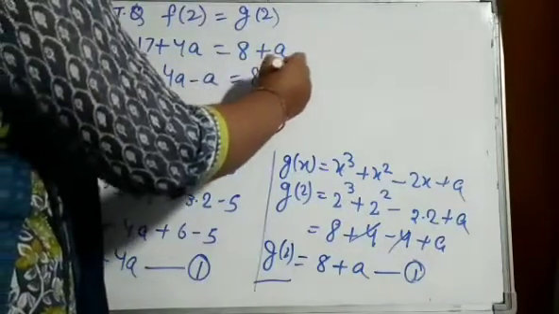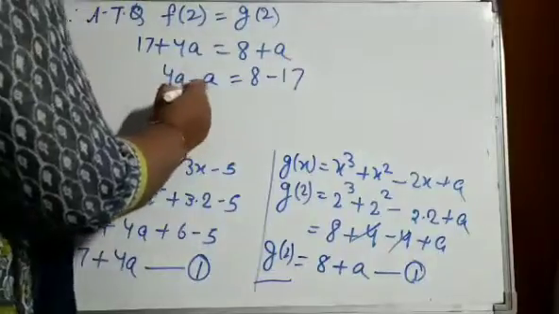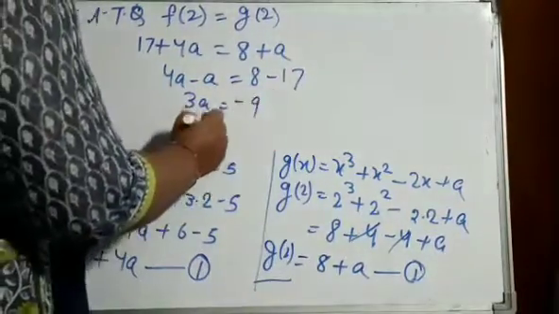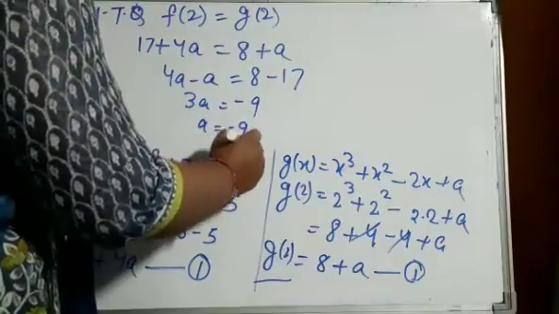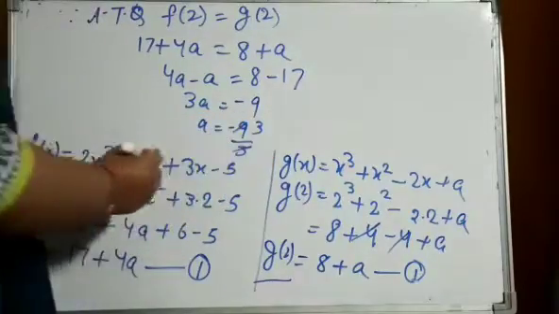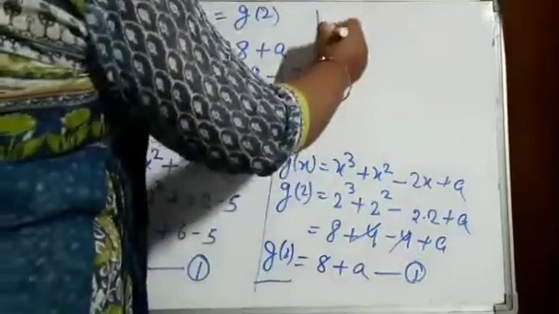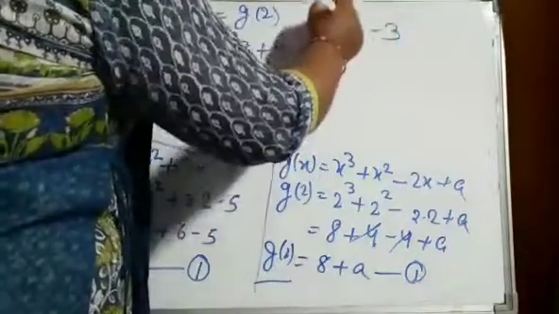On this side we have 8 minus 17. 4a minus a is 3a and 8 minus 17 is minus 9. So a is equal to minus 9 by 3, which is minus 3. So we got a is equal to minus 3.